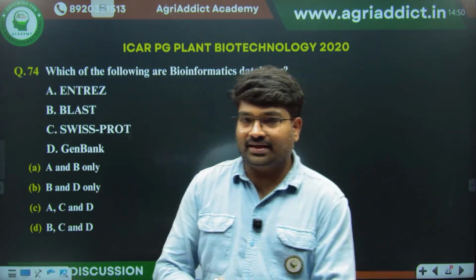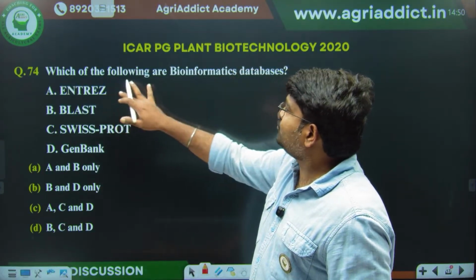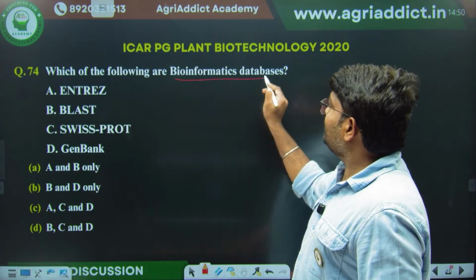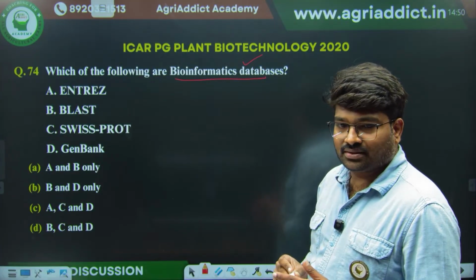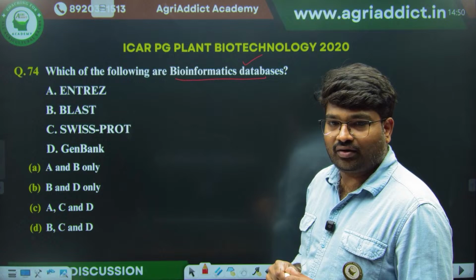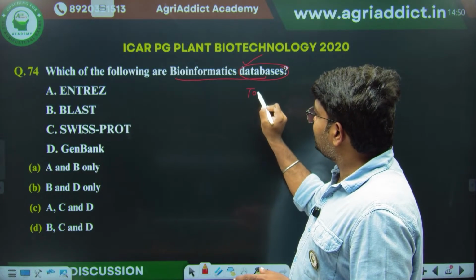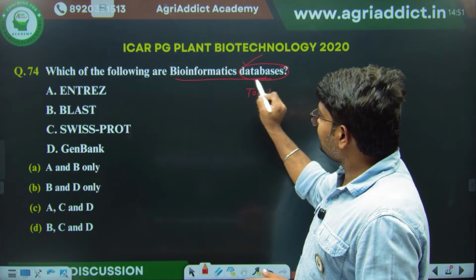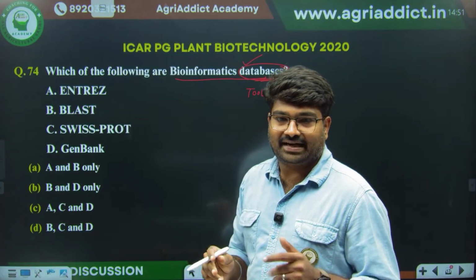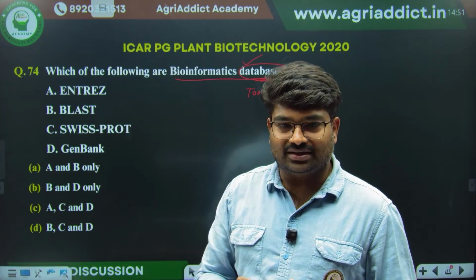Next, which of the following are bioinformatics databases? They are not asking about a specific tool. They are asking about a database, a storage database. What are the databases among these?